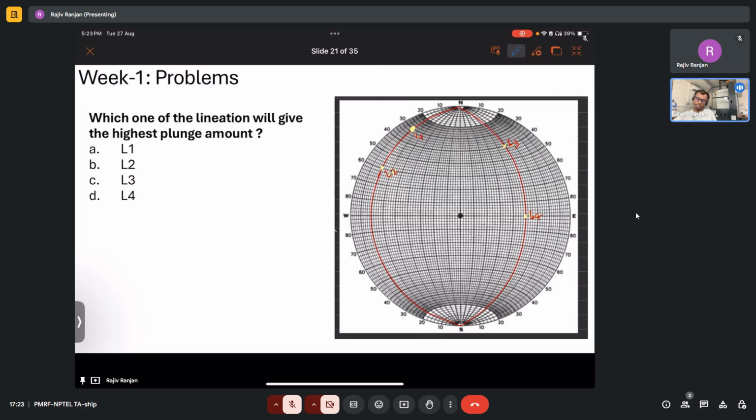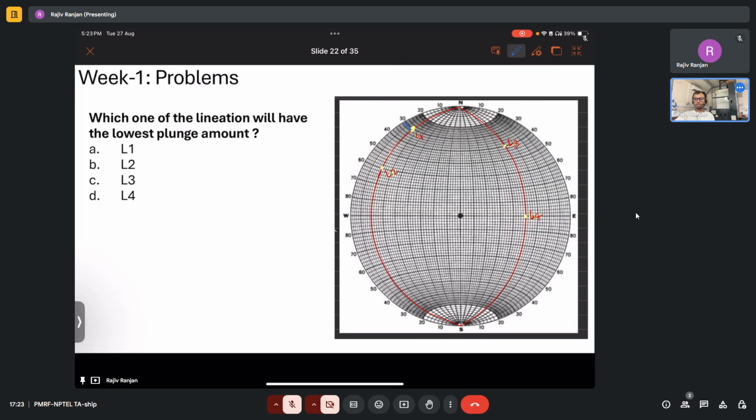So we have seen the highest plunge amount. Now the question is which one of these will give the lowest. The lowest plunge amount we discussed, right, will be either L1 or L2.